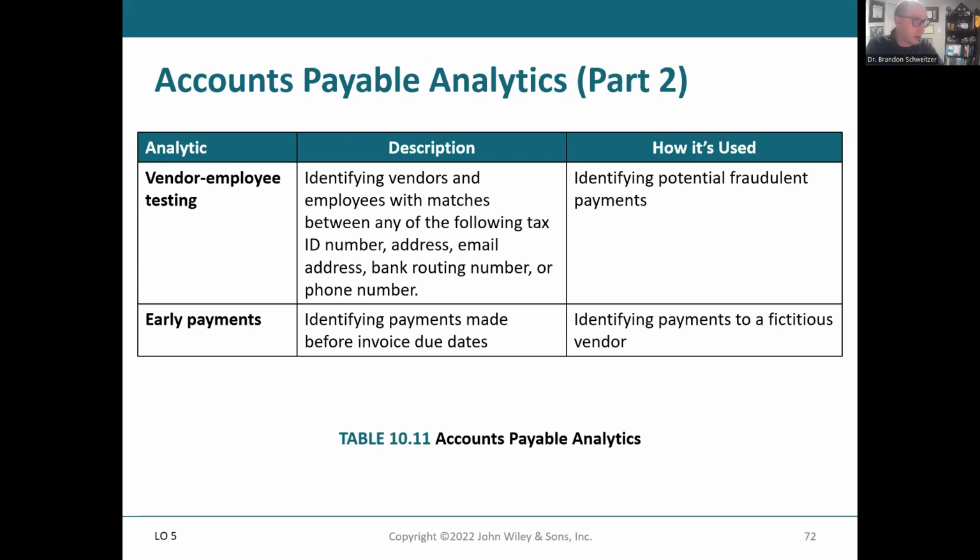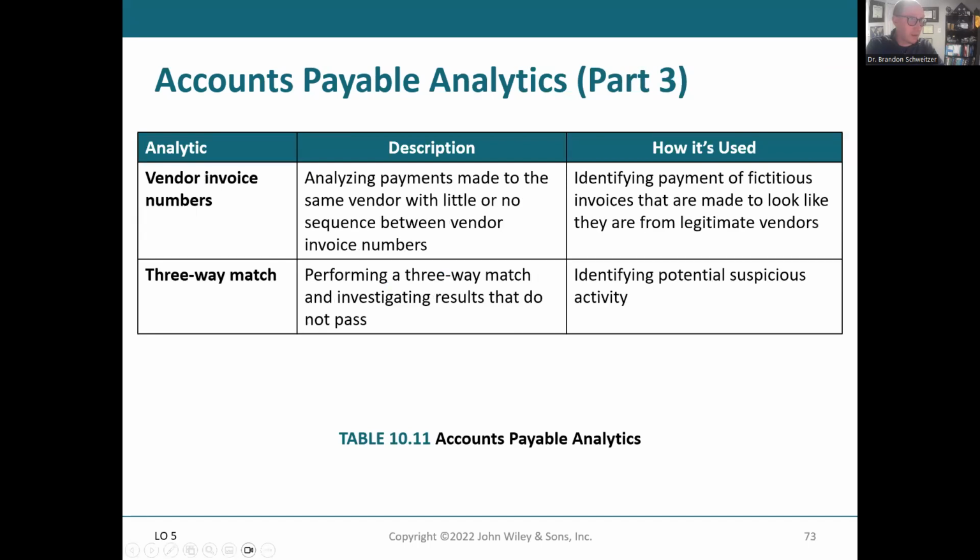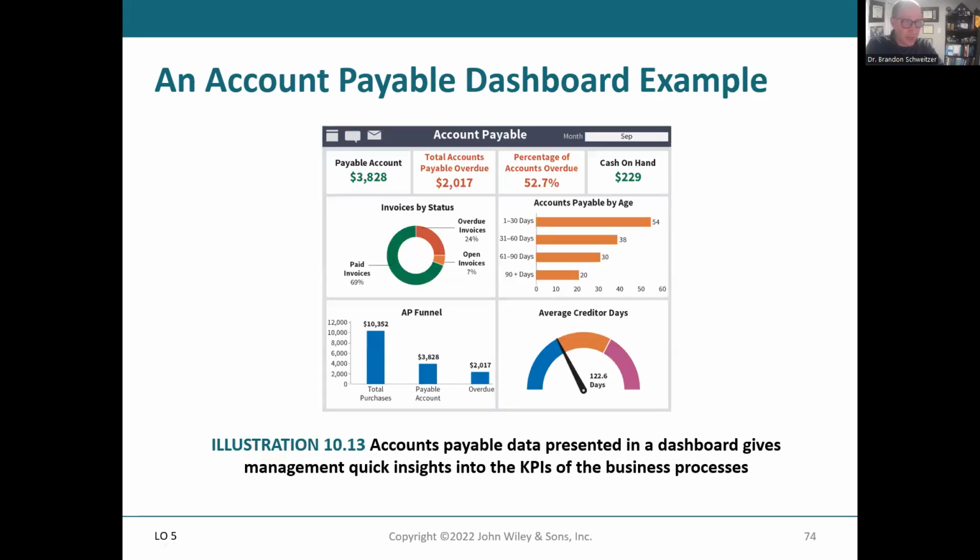What can we learn from vendor employee testing, early payments, vendor invoice numbers. Every invoice has a unique identifying number, and of course the three-way match. And here's an awesome example of a dashboard for your accounts payable. I use something very similar to this in QuickBooks Online.